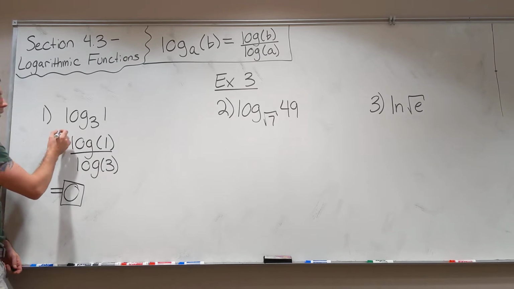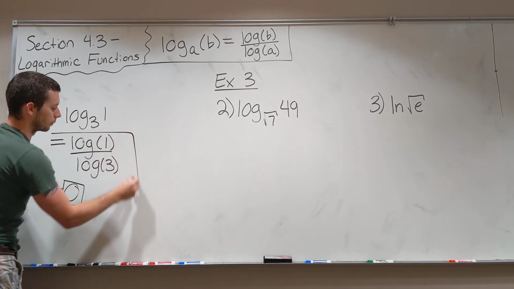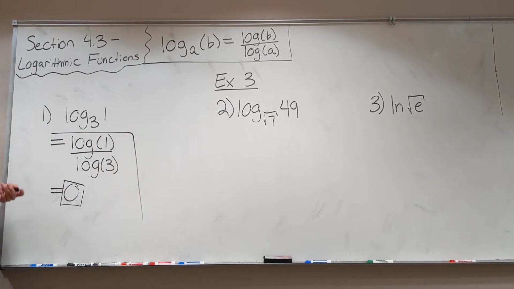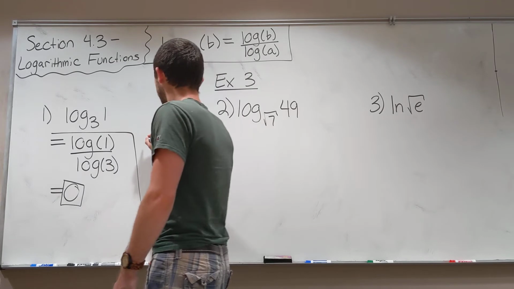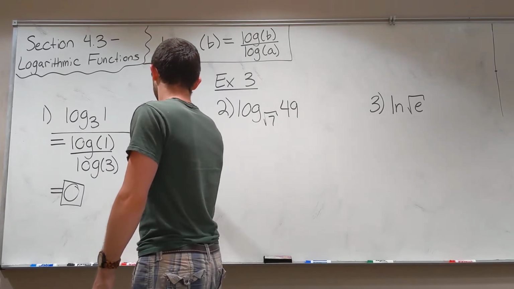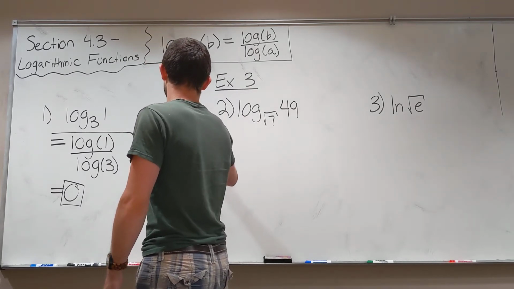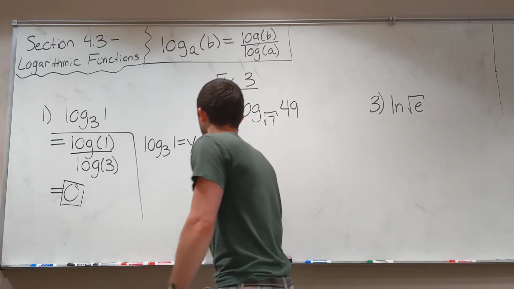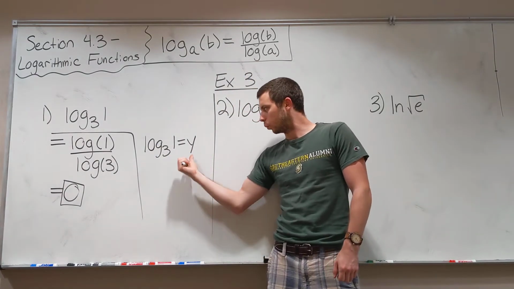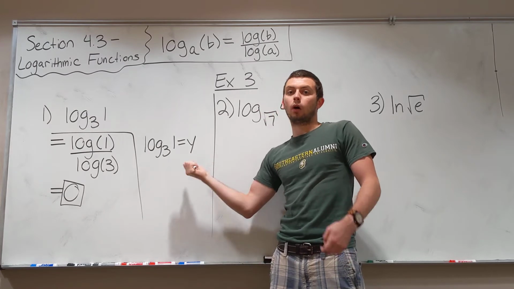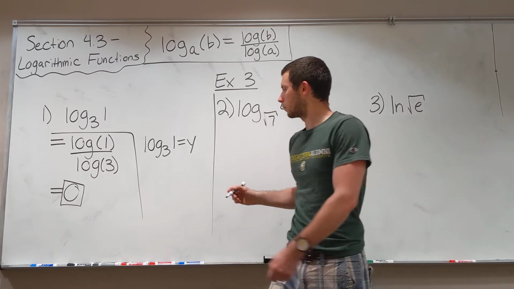I also mentioned that there is another way of doing this problem, the non-calculator way. If you prefer to do it this way, suppose all of this is equal to y. And y is what we're trying to figure out here.